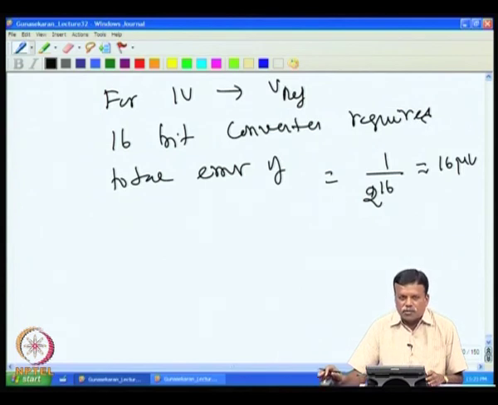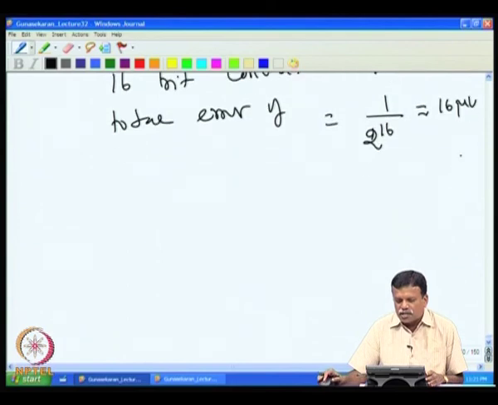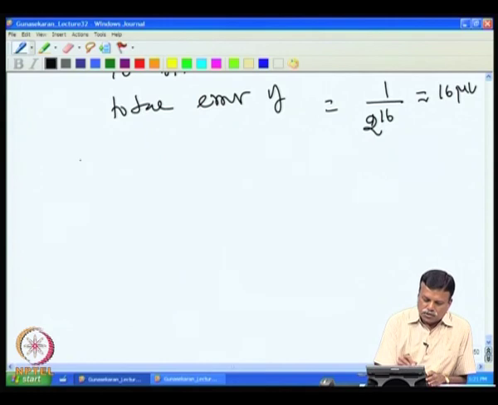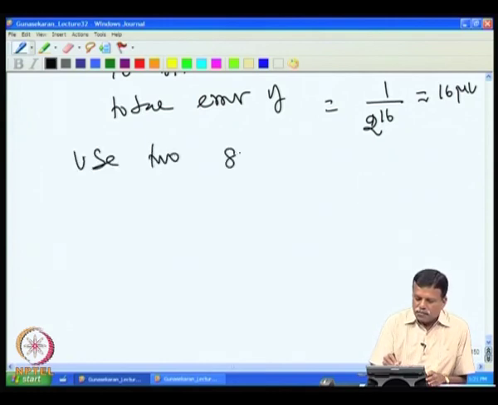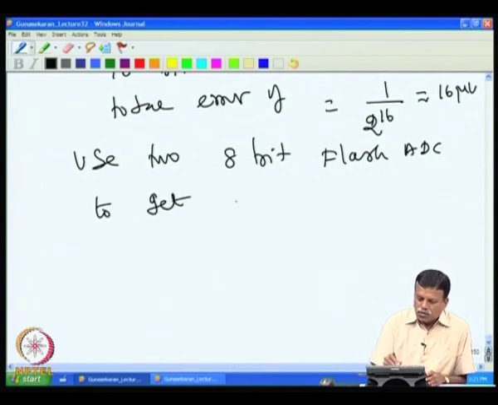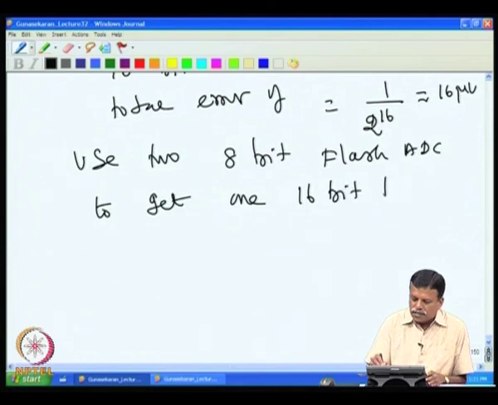Nevertheless, they also make a 16-bit converter using two 8-bit flash ADC converters. This is called a subranging A to D converter. That is, use two 8-bit flash ADCs to get one 16-bit flash ADC.